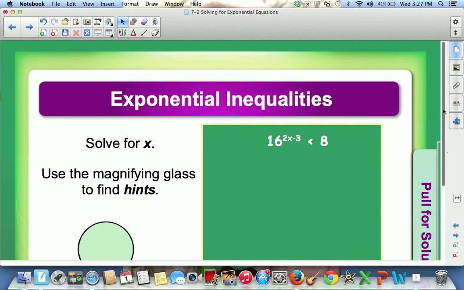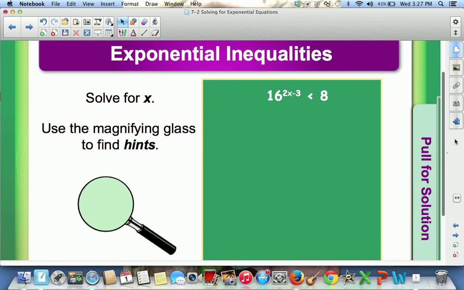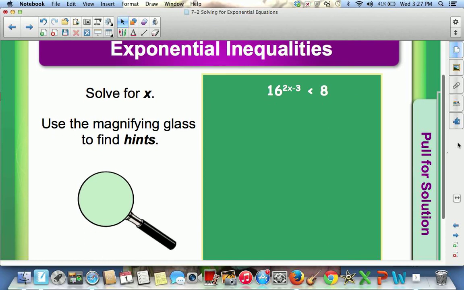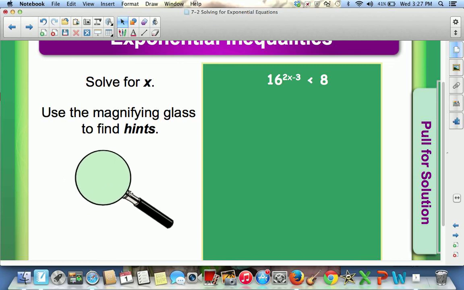Now what about with inequalities? Well, with inequalities, you're going to solve it the same way. I want you to see if you can do it this way, but then you're going to have a less than sign instead of an equal sign. Here we have a little magnifying glass to find some hints.